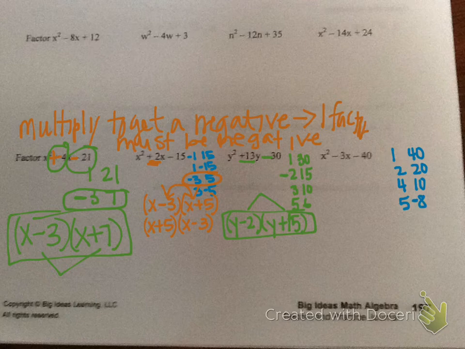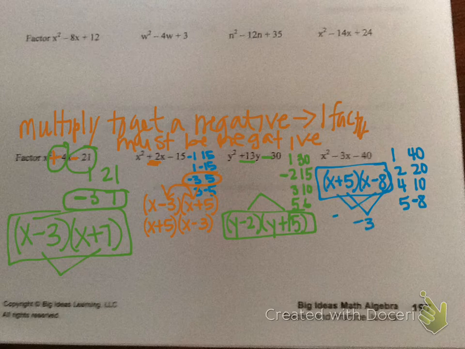Well, if I put the negative on the 8, I would get negative 3. So x plus 5, x minus 8. And we want to check, when we add we get negative 3, when we multiply we get negative 40, so we're all good there.